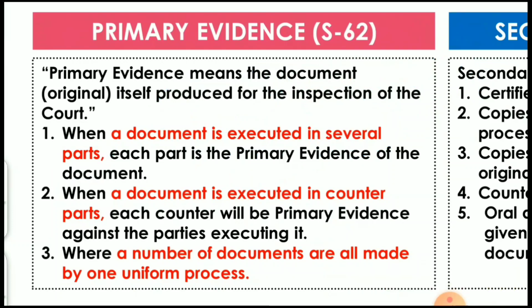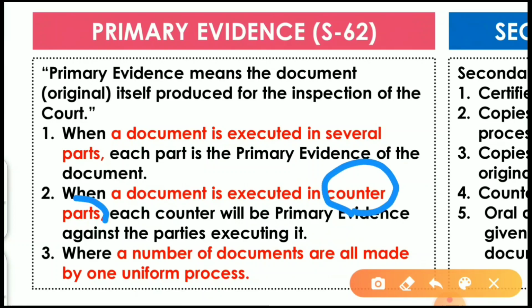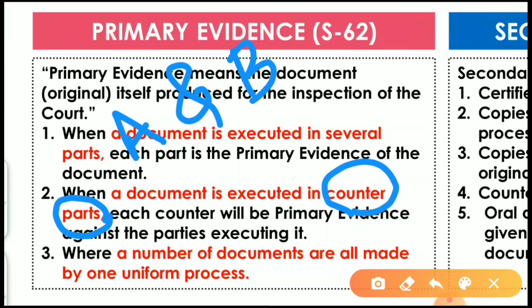Next, the second one is when a document is executed in counterparts, each counterpart will be the primary evidence against the parties executing it. For example, Mr. A and Mr. B have entered into a contract.